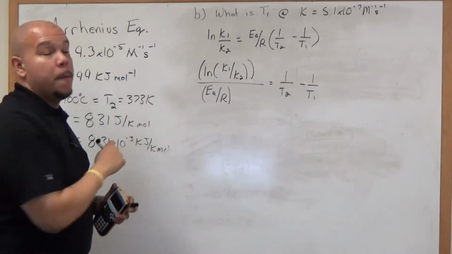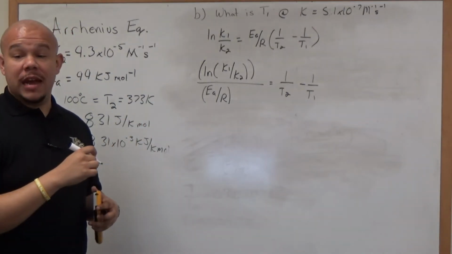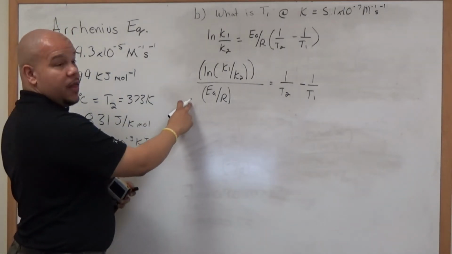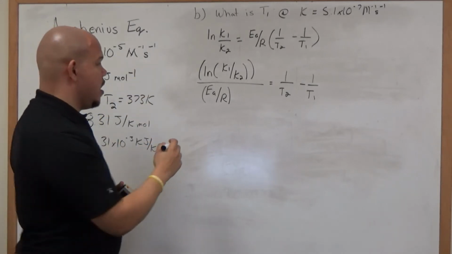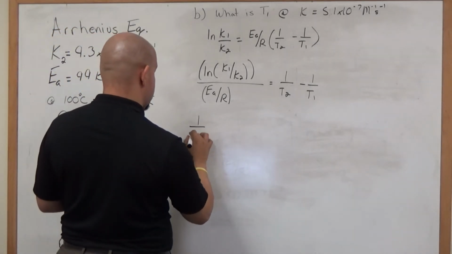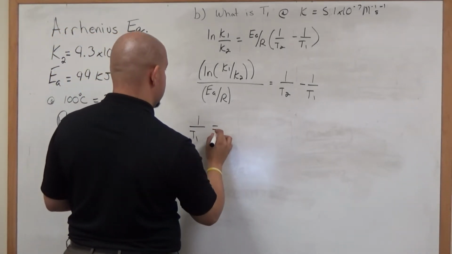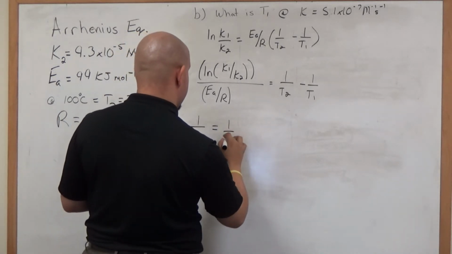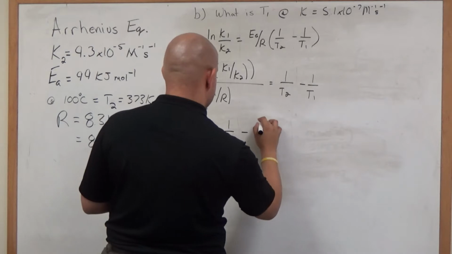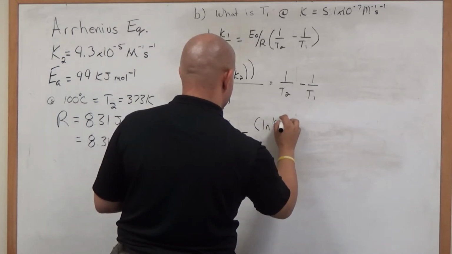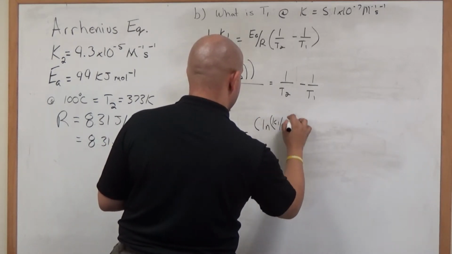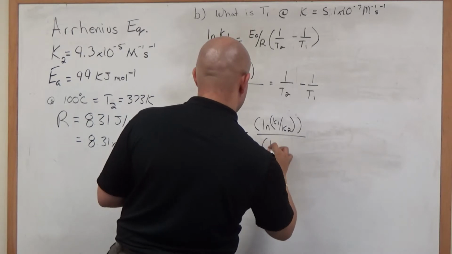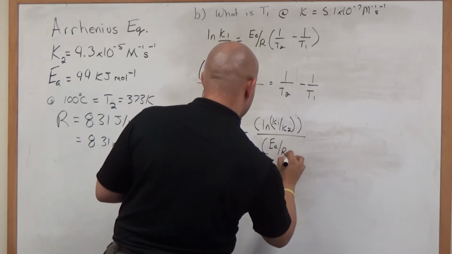If we add 1 over T1 to both sides and then subtract this to the other side, we end up with 1 over T1 equals 1 over T2 minus ln K1 over K2 all over EA over R.